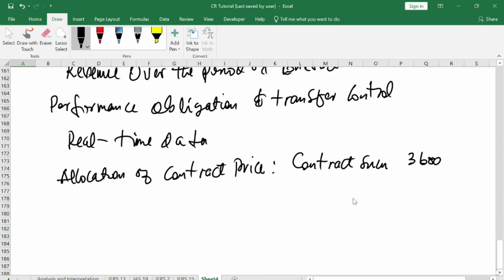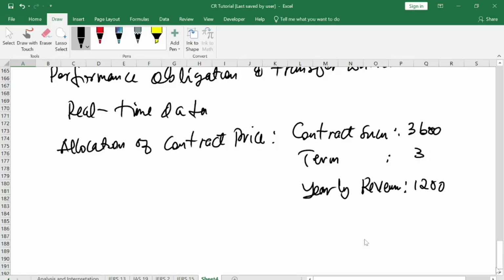And then the term of the contract is how many years? 3 years. So when you divide, you will have the yearly revenue. When you divide 3,600, it gives you 1,200. All right. So that is it about the real-time data.